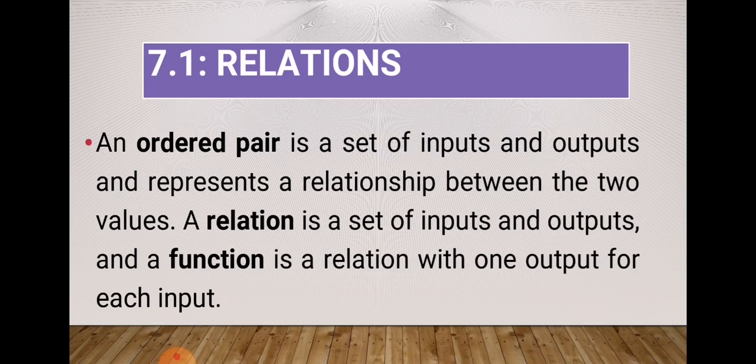We press two buttons while we get one output, that is a relation. But if we touch an app on our smartphone, then the corresponding app will open. It means one input is for one output. So this is a real example of a function.